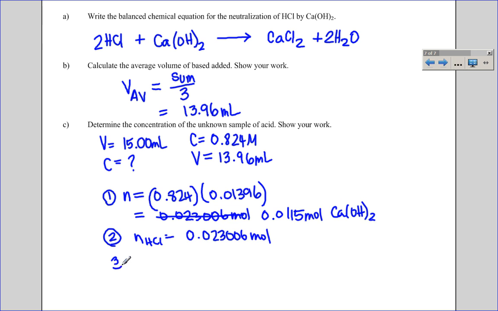And in the last step, we want to figure out the concentration of the hydrochloric acid. And this number of moles is the moles of hydrochloric acid in 15 milliliters of the hydrochloric acid. So we can use our formula of C is equal to n over V in order to find the concentration of this solution.